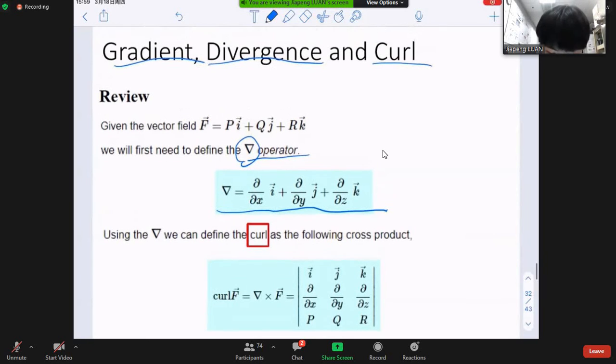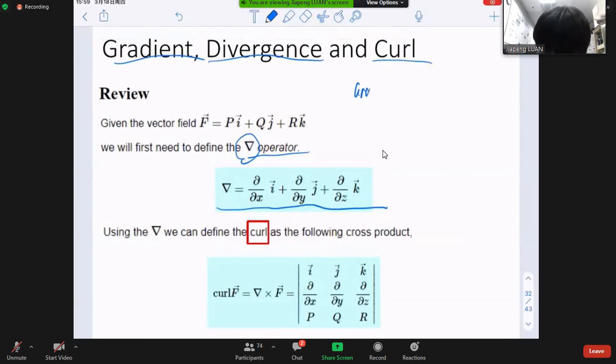When you say grad f, this is actually the operator applied to f, and the divergence of f is the operator dot f, right, and the curl of f is the operator cross f.